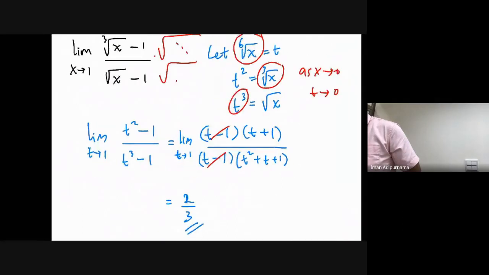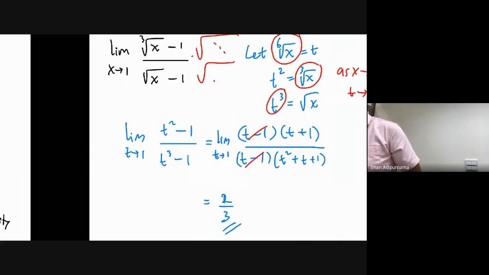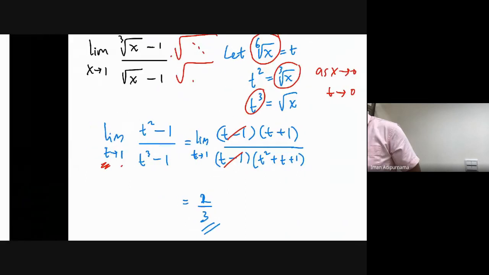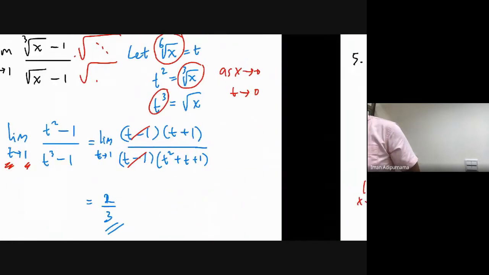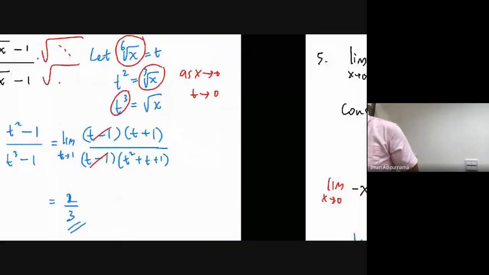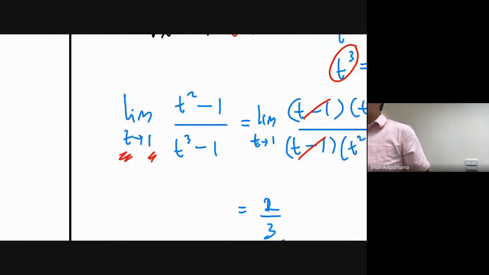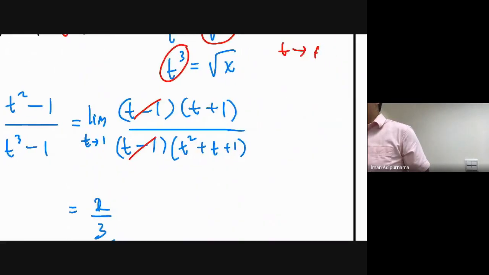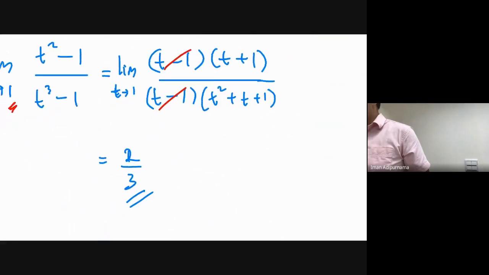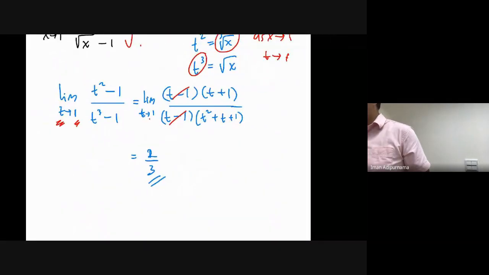Change everything to t, and don't forget to check whether the limit point is still 1 or changes. As x goes to 1, t also goes to 1. So you get this expression, expand, and plug in 1. You get 2 over 3.